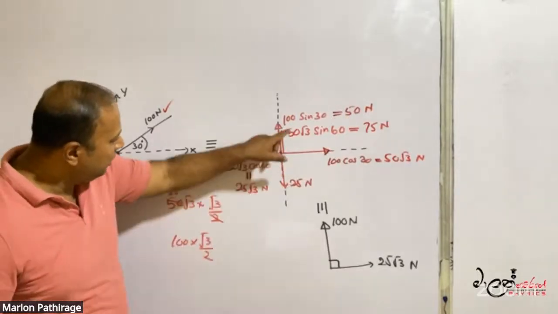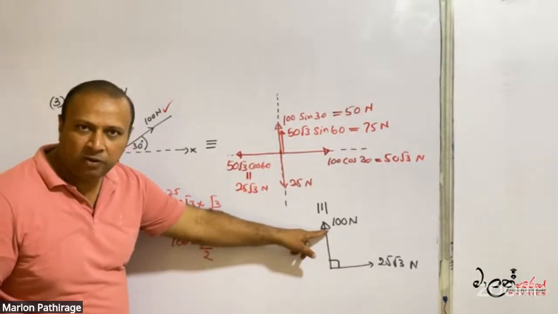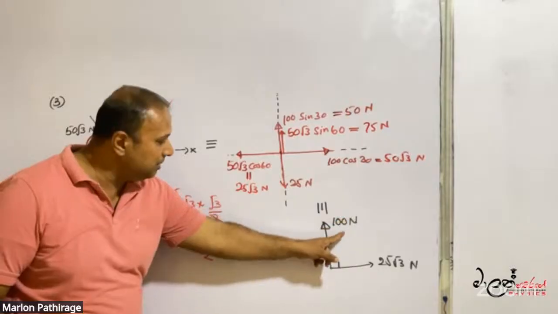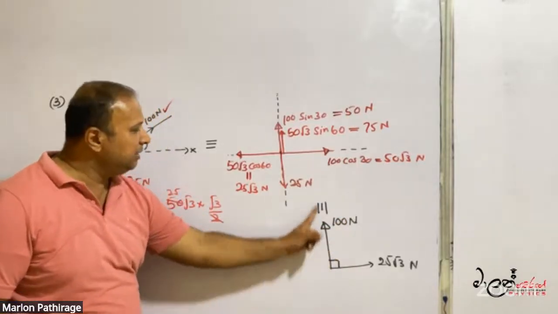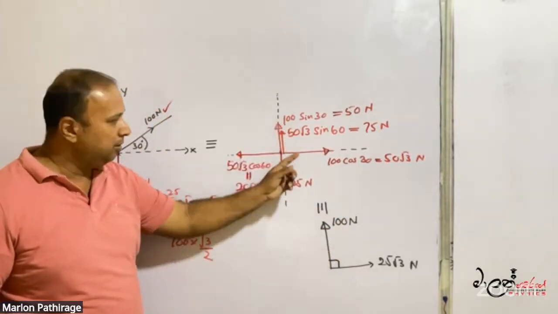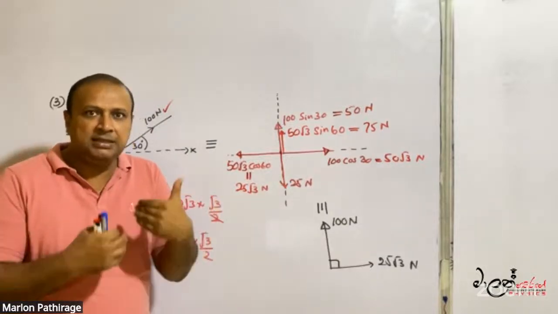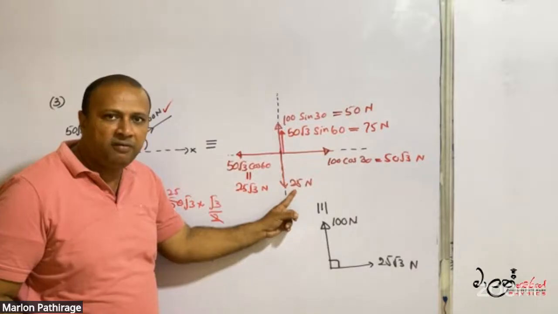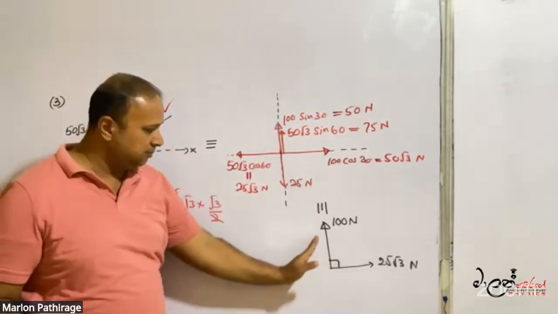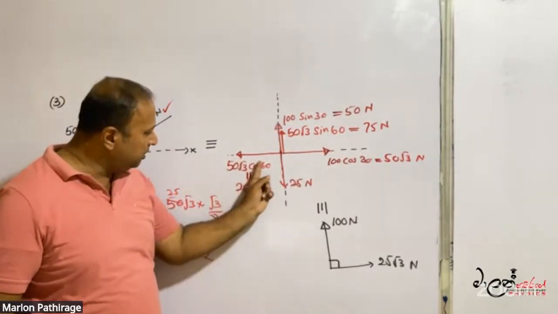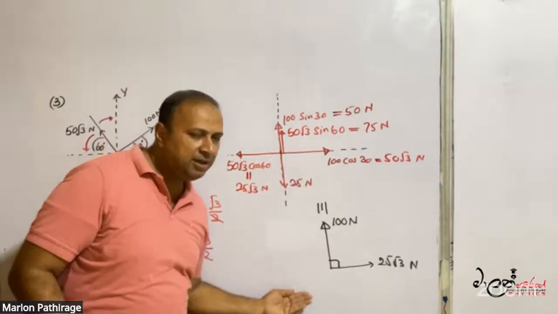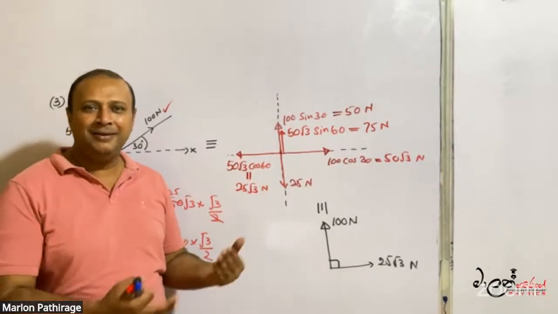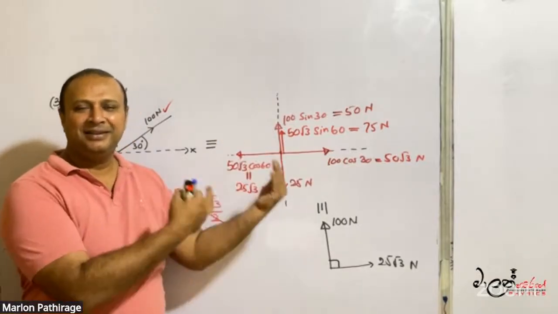Actually, what you have done here is take the resultant vector in the y direction. Simplification means you have determined the resultant vector in the y direction, then the resultant vector in the x direction. So you can do the same thing at the beginning.